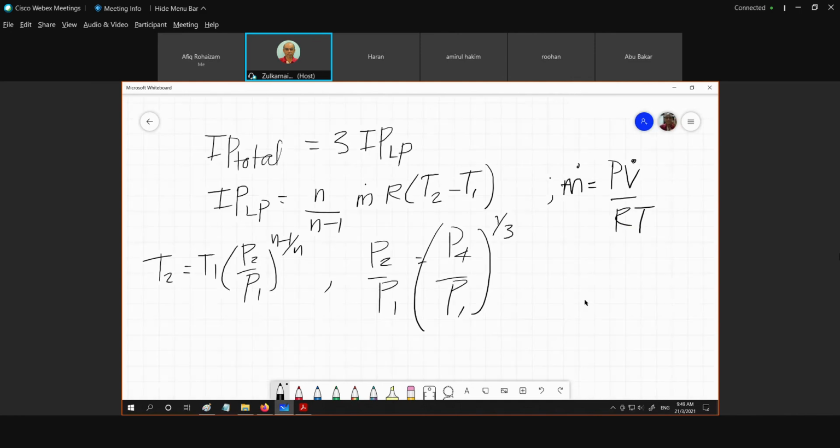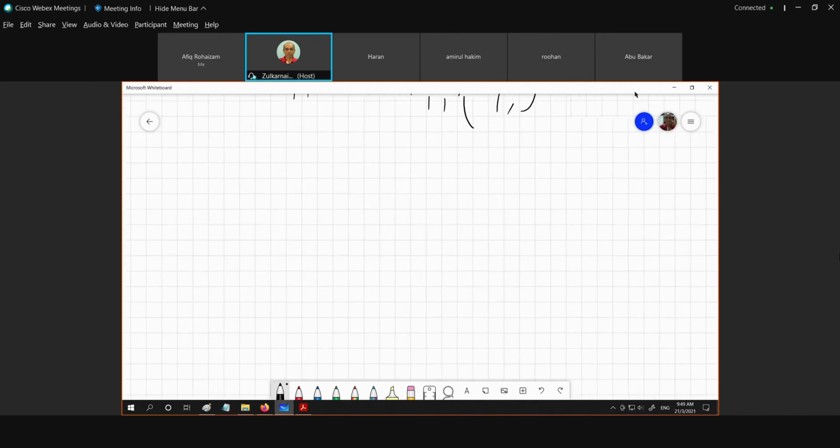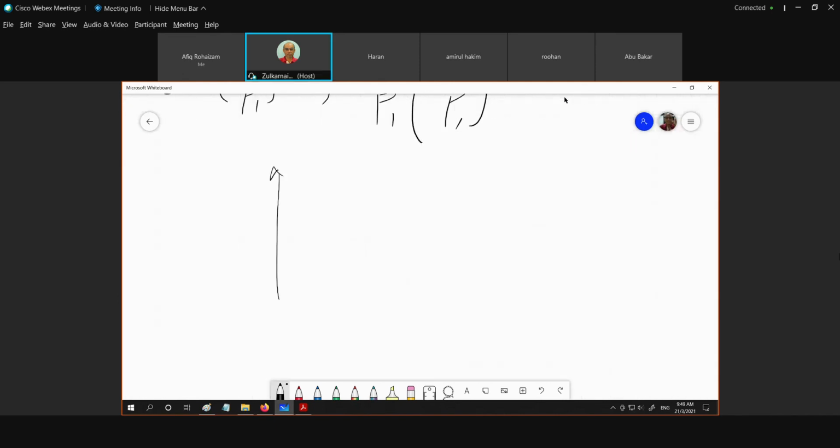Dan kalau kita boleh lukiskan sebentar the TS diagram for this process, TS. Okay, kita ada overall pressure ratio dan kita ada kita punya 3 stages. Okay.